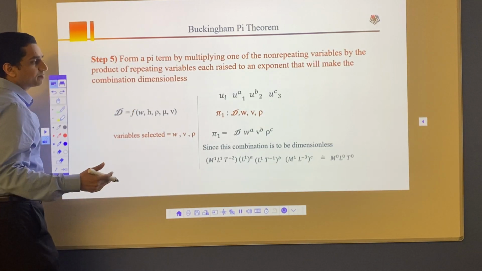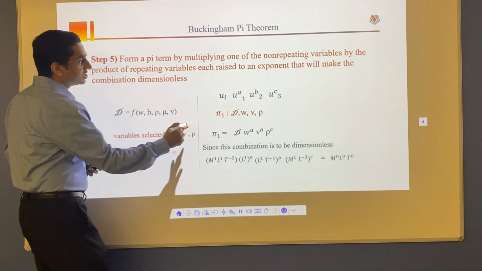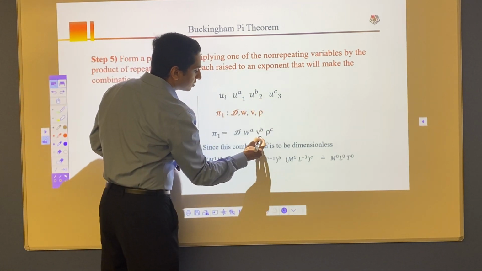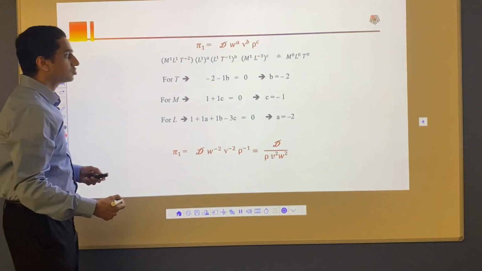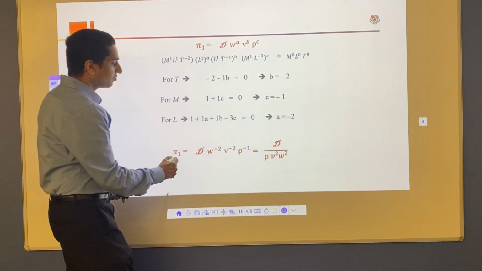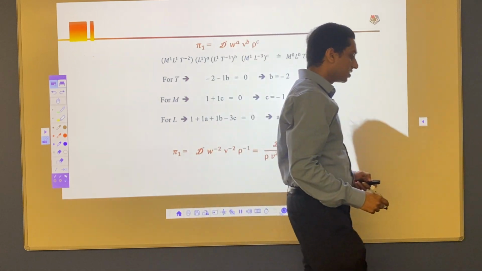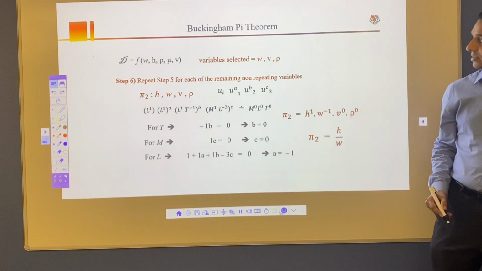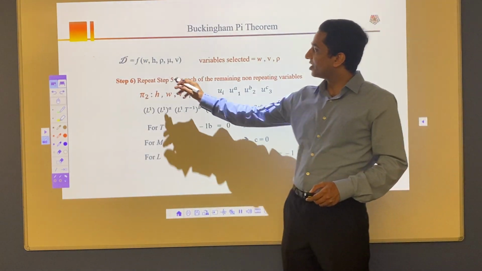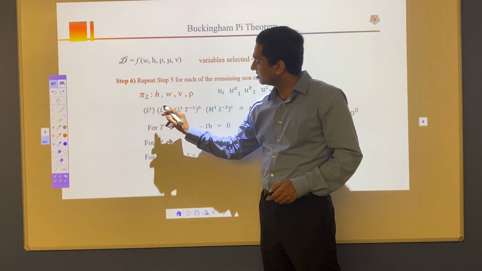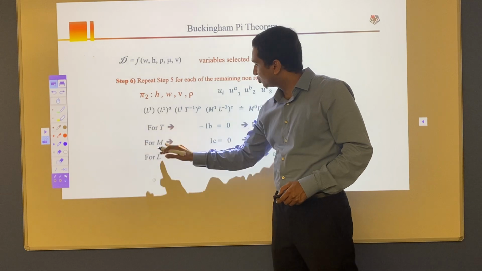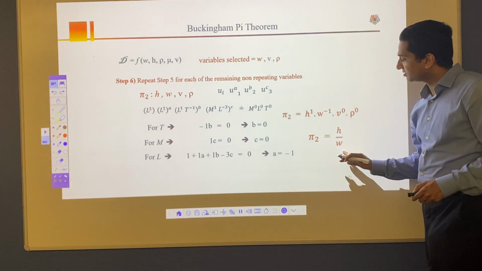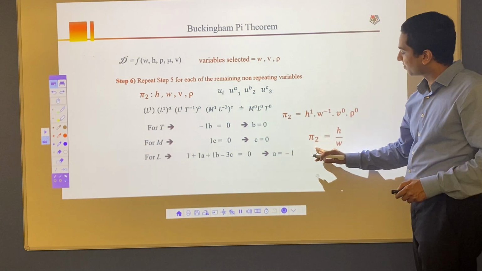Then we do our process, we write it down in this form, and then you get the values of a, b and c, and then you make it dimensionless. So you will get the first pi term like this. Then for the next part, you take the variable h, put it in here, get the values of a, b, c, and get the second pi term, pi 2.